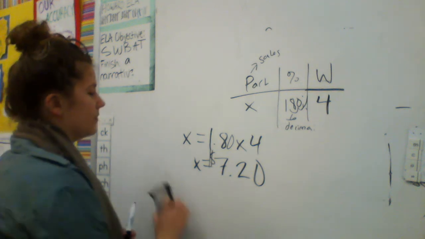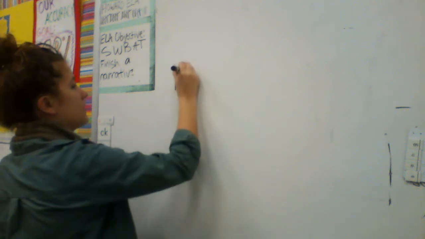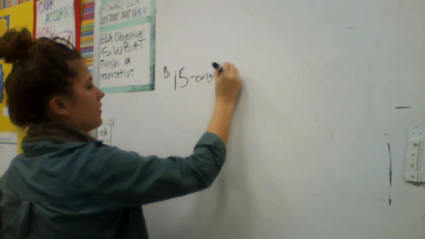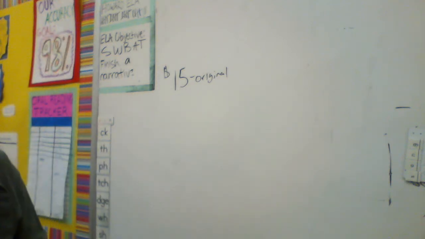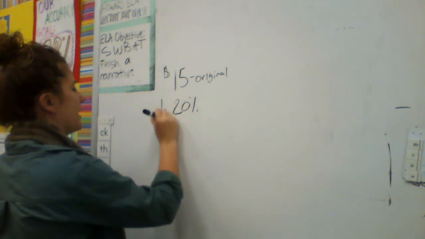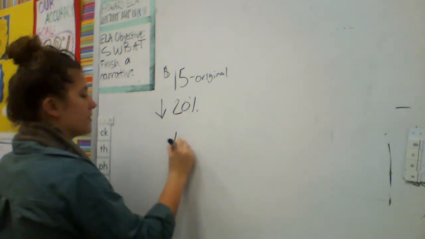Our second problem is 2 steps. The second problem reads, Sarah buys a hat that has an original sales price of $15. So $15 is the original. The hat is discounted 20%. So 20%, and it's going down because it's a discount. Sarah must also pay a 6% sales tax.